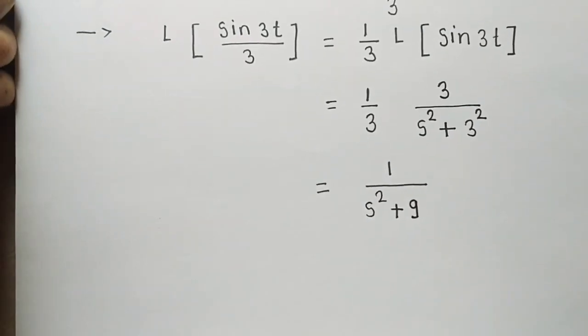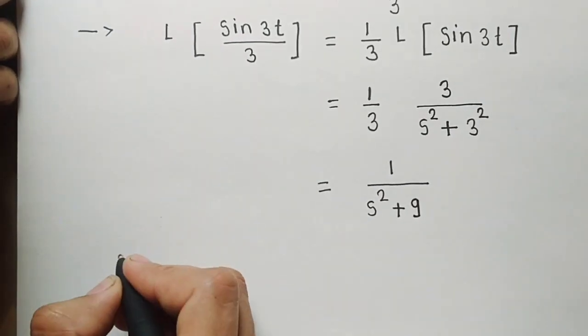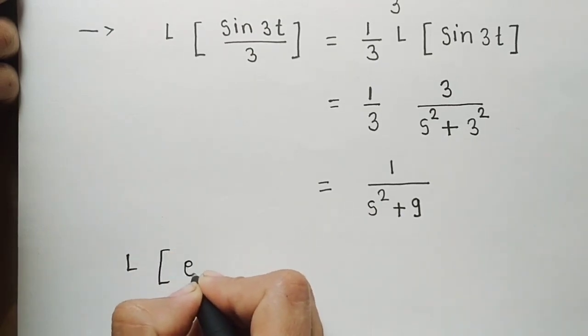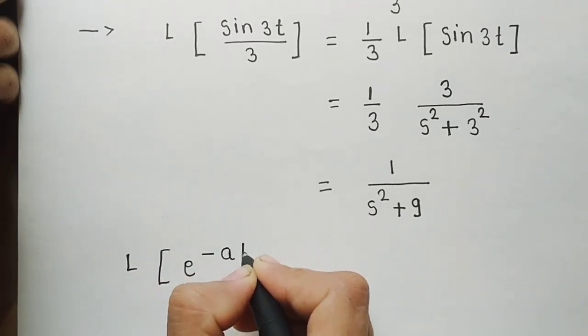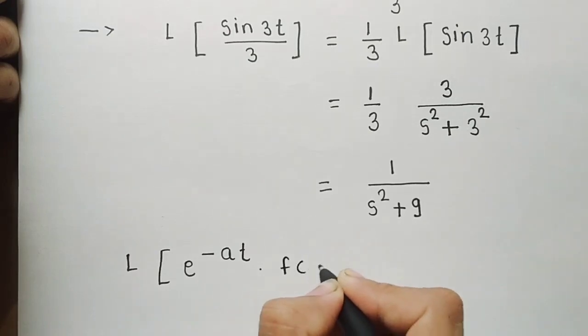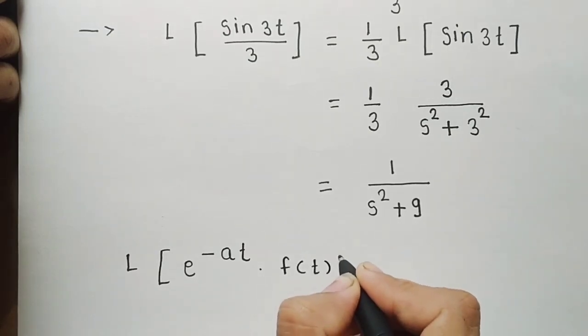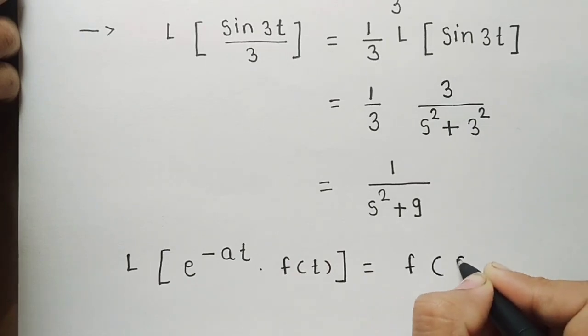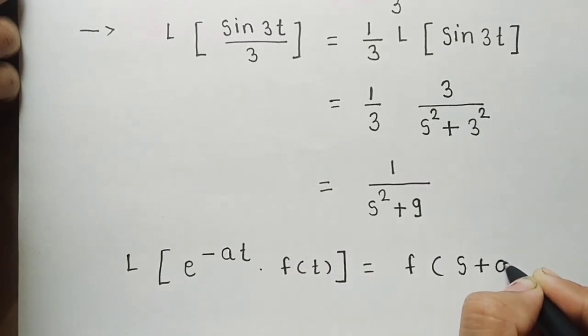Now we use the first shifting property. So what is the first shifting property? Laplace of e raised to minus at f of t equals F of s plus a.